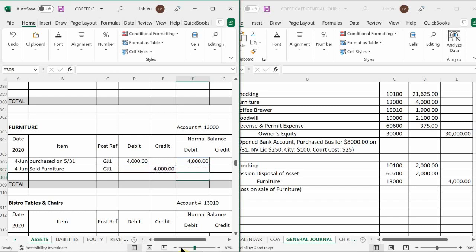Because I'm using comma style, it's going to show up as a dash. If you do accounting style, it will also appear as a dash, with the dollar sign on it. So that's zero because there's nothing in there. What this did was it took $4,000 and subtracted the 4,000 to get your account balance of zero.